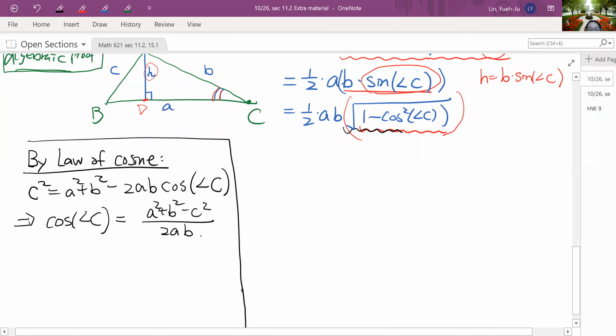If you algebraically rewrite everything, then the cosine of angle C is going to be a squared plus b squared minus c squared divided by 2ab.